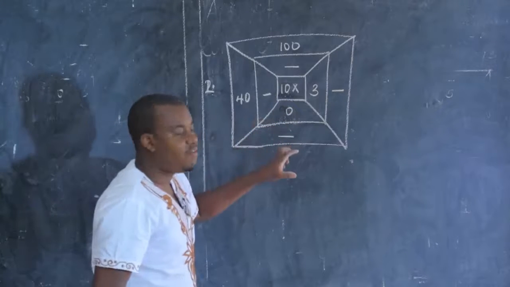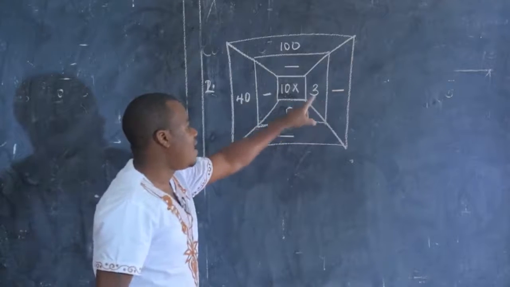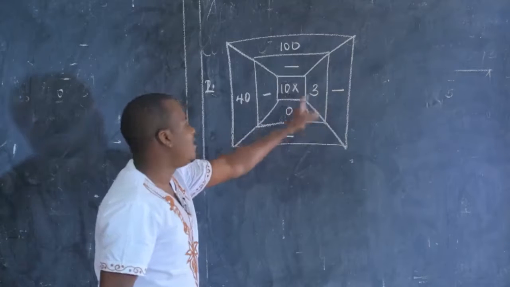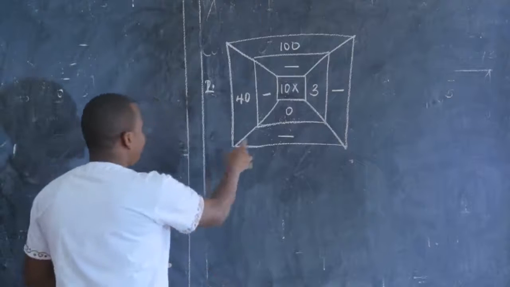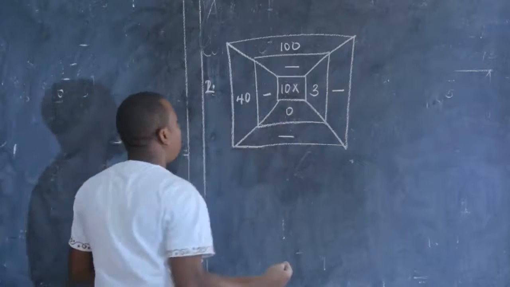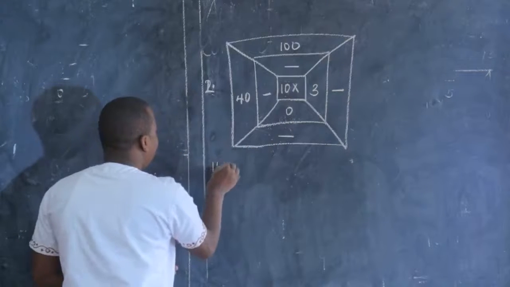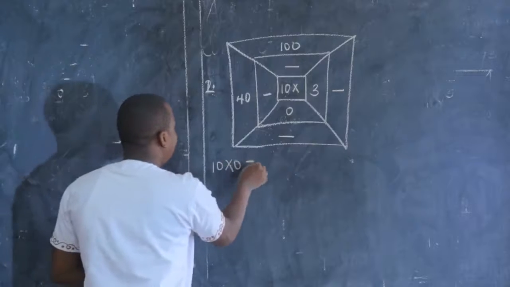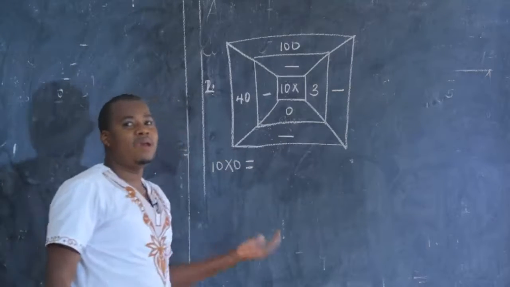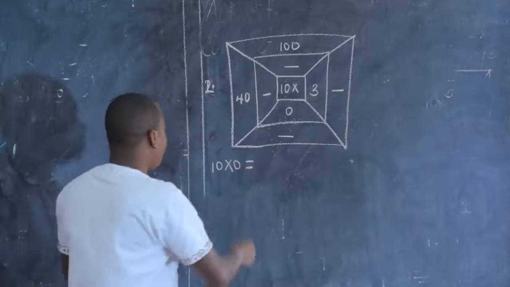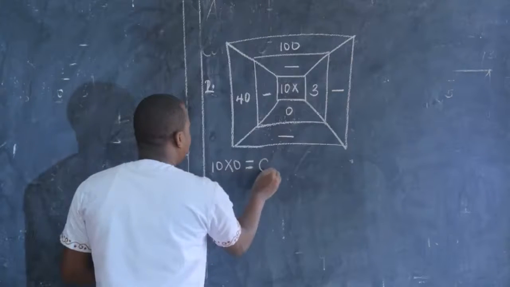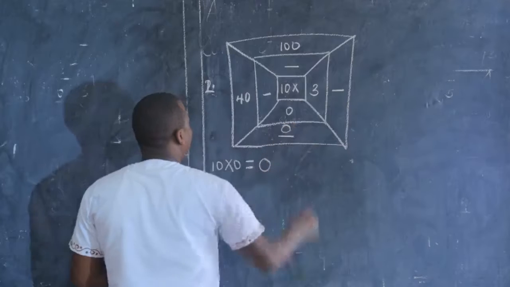And how do we divide? The last number, the number far away, by the number at the center. So this one is far already, so we are going to have 10 times 0. And we said last time, any number multiplied by 0 is 0. So 10 times 0 is 0. So I will come here and write 0.